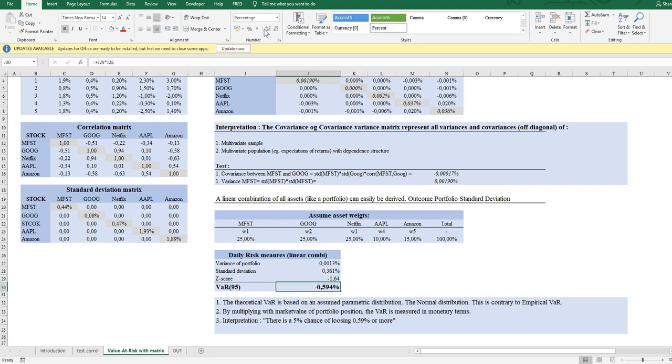We could have also used the empirical VaR, which uses a historical time series and builds a distribution from history and not from a parameterization of the normal distribution. I should also say that if you would like to have this in monetary terms instead of percentage terms, we would just multiply it by the market value of the portfolio today, and that's it. Thank you very much.